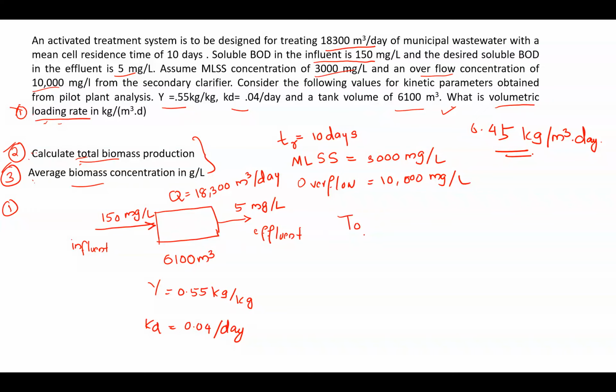The question was this one. Here is the formula for the volumetric loading rate: the mass of BOD per day divided by the tank volume of 6100, where this is Q times S in.